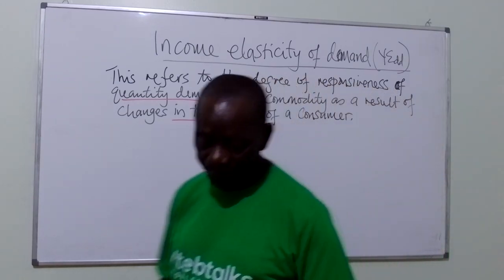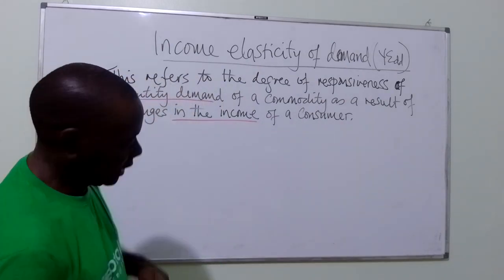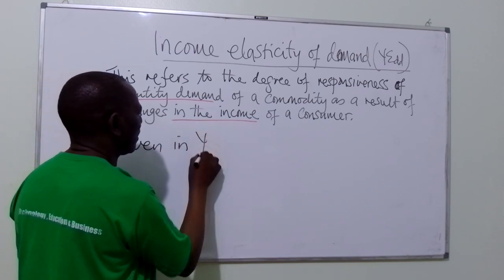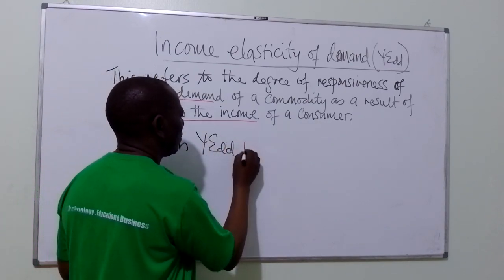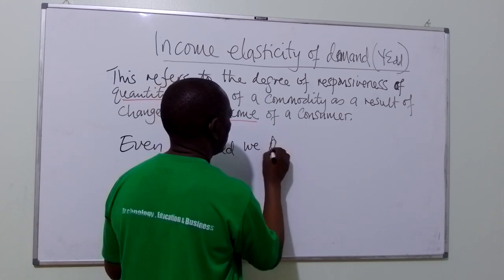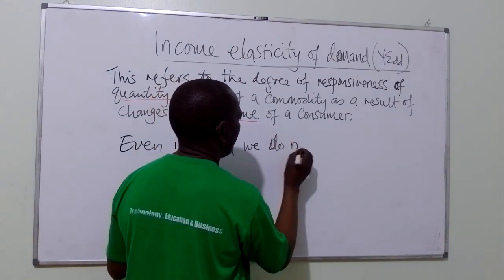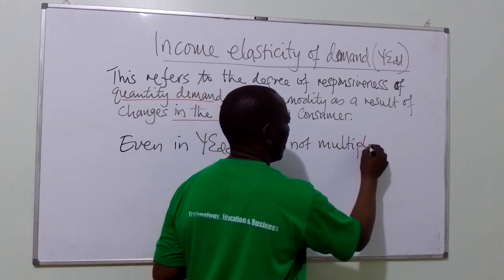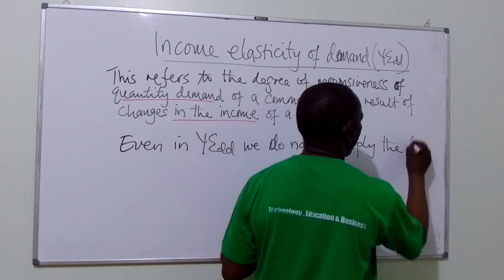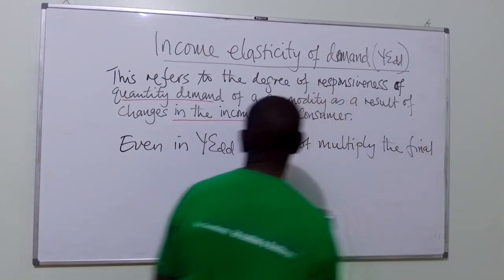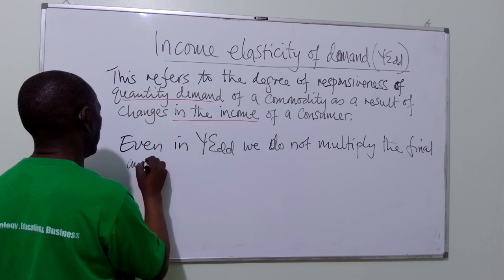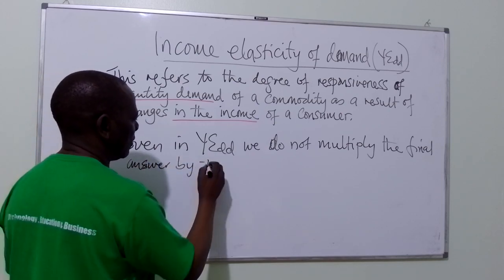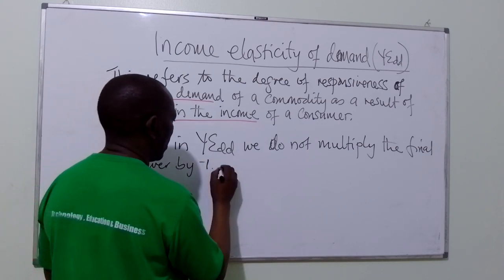So, in the same way, even in income elasticity of demand, we do not multiply the final answer by -1. Why?